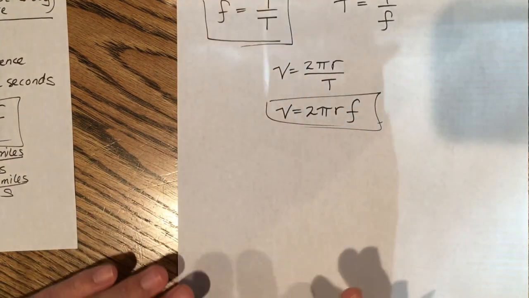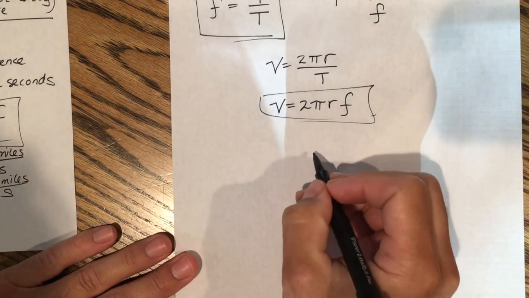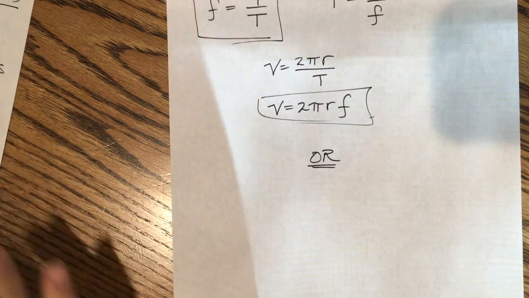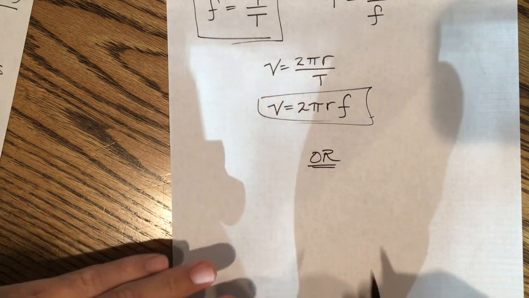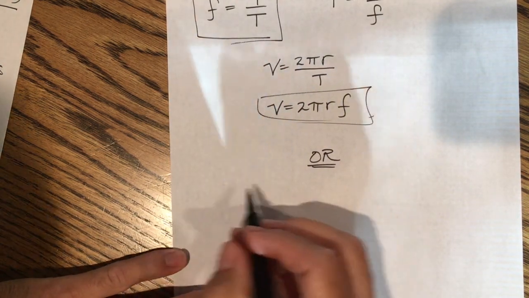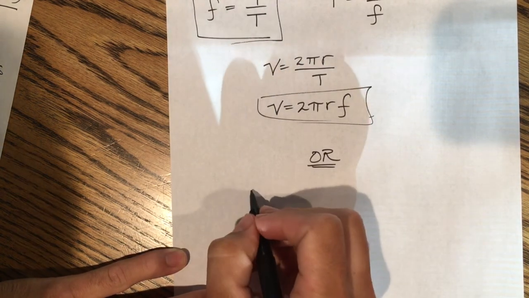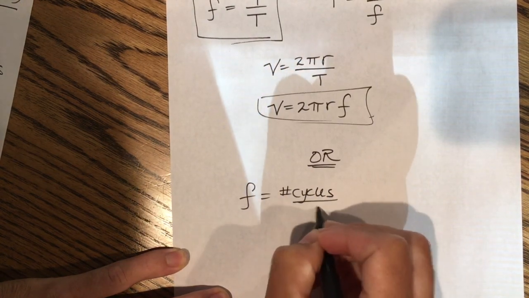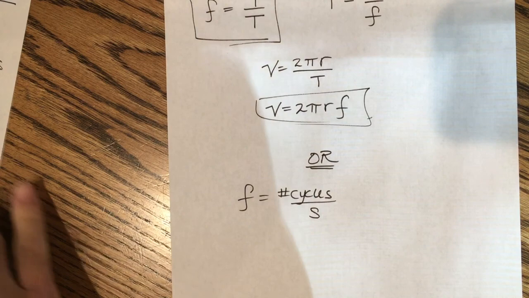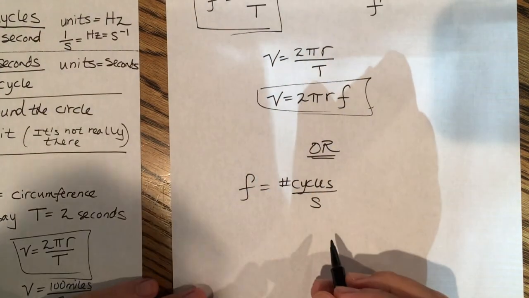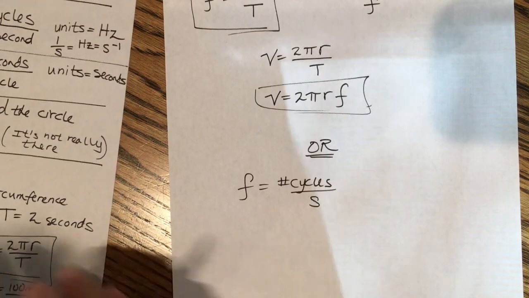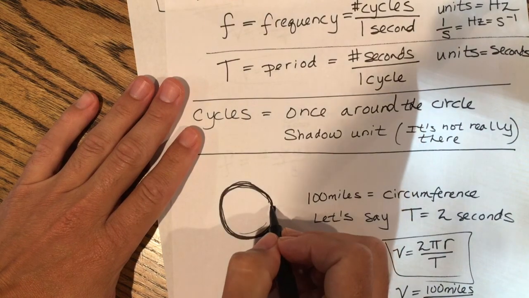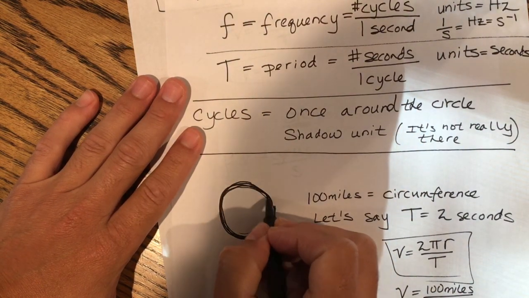Another way to think about this is to remember that once around is a cycle, right? And frequency is equal to the number of cycles per second. If we go back to our example, we remember that the period was 2 seconds, so this is a cycle, once around.